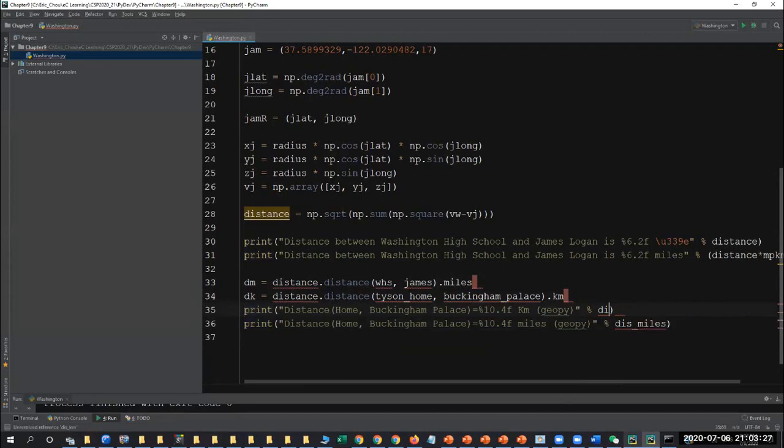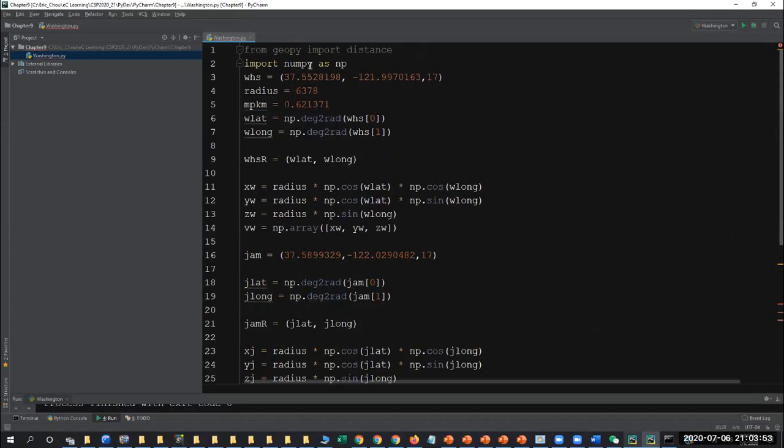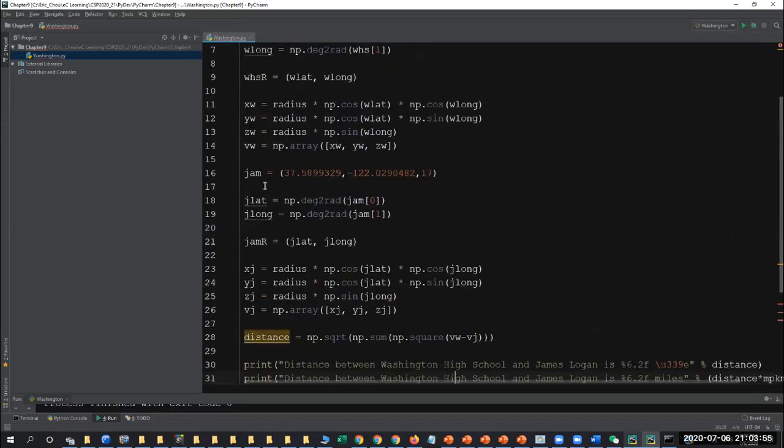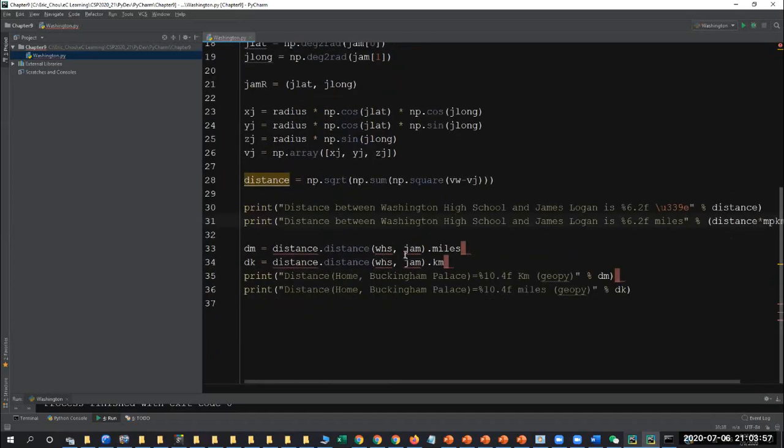This one must be changed to DN. This one must be changed to DK, okay? This one let me change to WHS. This one let me change to actually James. Okay, there is no ES, let me delete it. This one is WHS. So set WHS and also James, and then the mile, the kilo, distance.